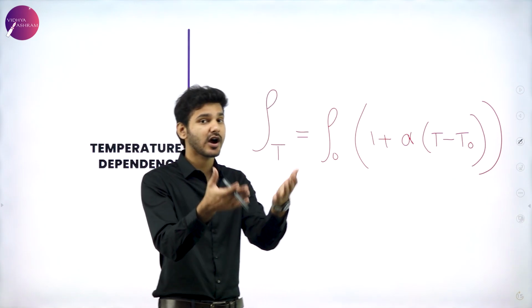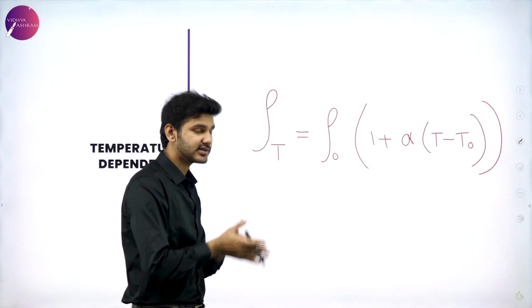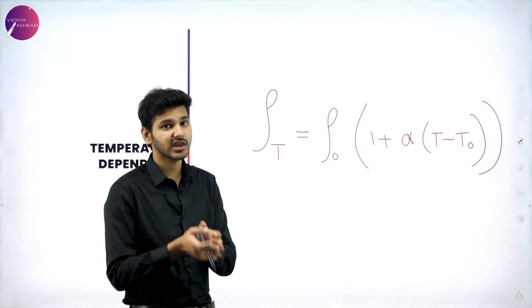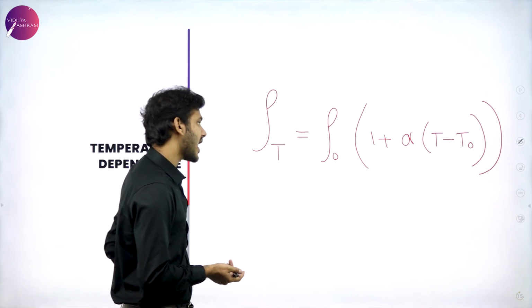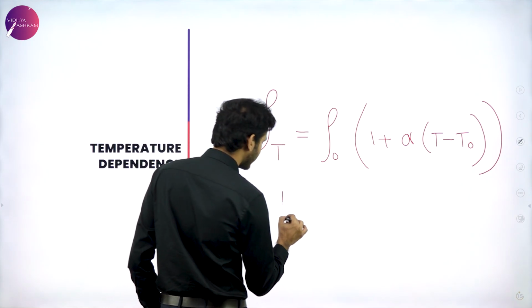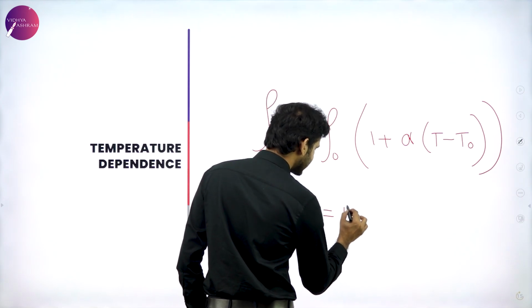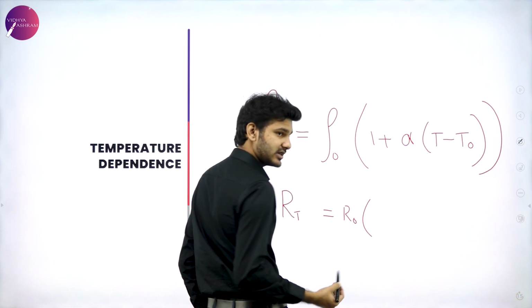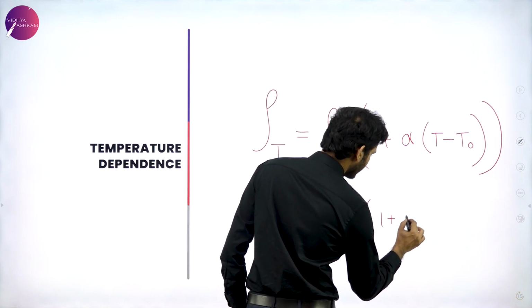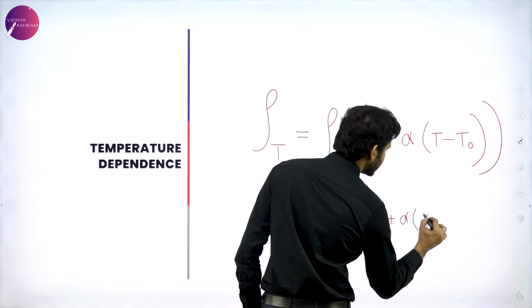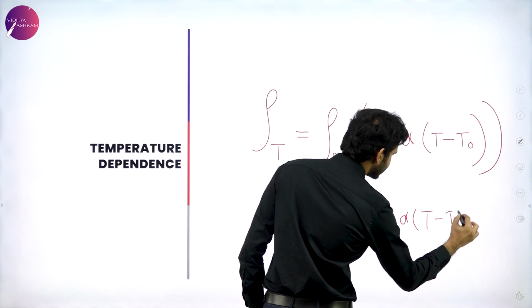I know it is kind of out of the blue, but this is the relation given in your textbook. It can also be written in terms of resistance, because there are questions being asked in terms of resistance also.